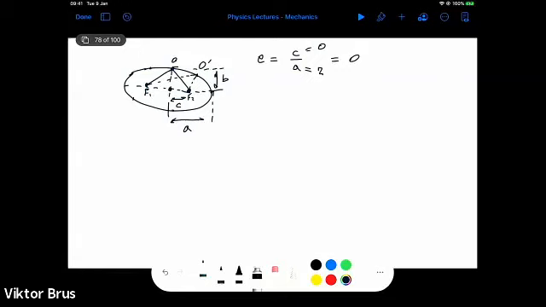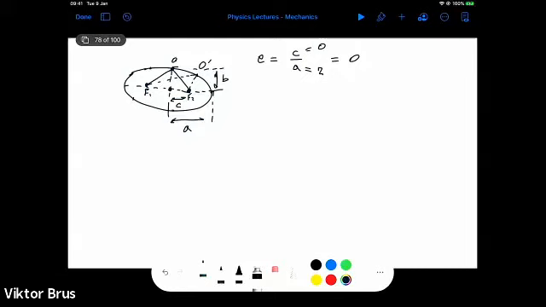Okay, so once we have defined the key features of the ellipse and elliptic orbit, we can proceed further with the second Kepler's law. So the second Kepler's law, as you remember, states that the radius vector from the sun to the planet sweeps out equal areas in the same interval of time.